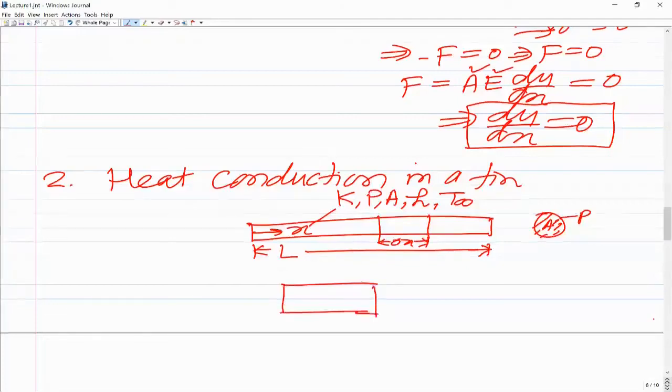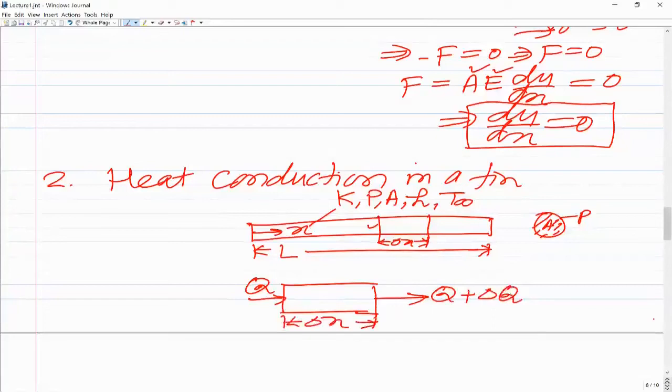From the left side, some heat Q is entering into this, and in general this total heat entering the cross section would vary from one location to another. So this heat flow is going out at the right cross section, and the amount is Q plus delta Q. So there is a change in that over the length delta x.